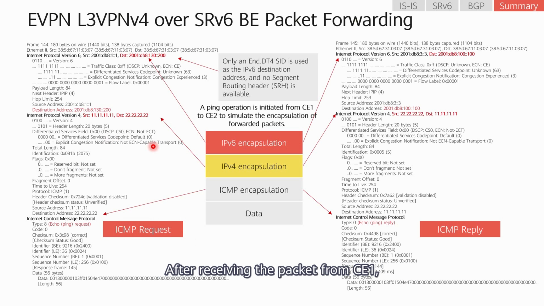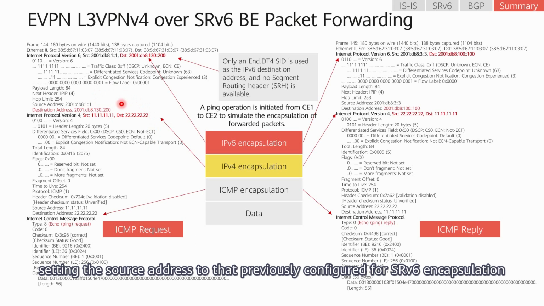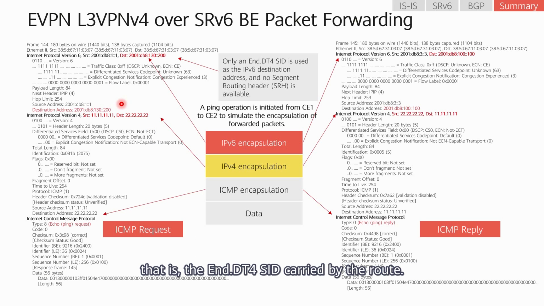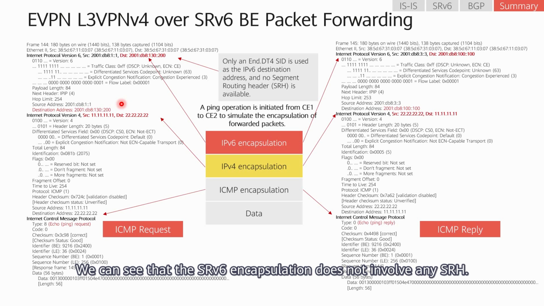After receiving the packet from CE1, P1 performs SRv6 encapsulation, setting the source address to that previously configured for SRv6 encapsulation, and the destination address to the next hop of the corresponding IPv4 route, that is, the End.DT4 SID carried by the route. We can see that the SRv6 encapsulation does not involve any SRH.